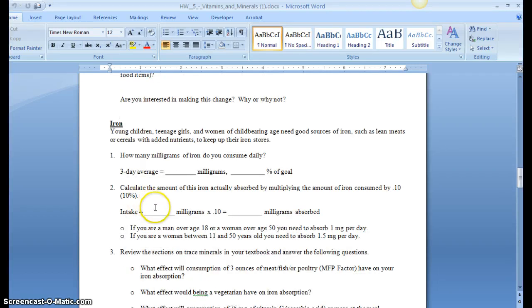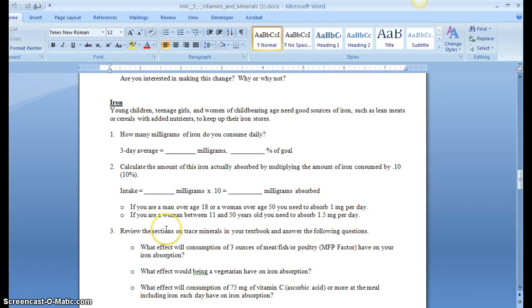Iron absorption can actually be supported by taking iron along with a specific vitamin, and you have to look that up and know which vitamin supports the absorption of iron. So when you're eating foods that are high in iron, which is very difficult for our bodies to absorb, how can you help the absorption of that iron?